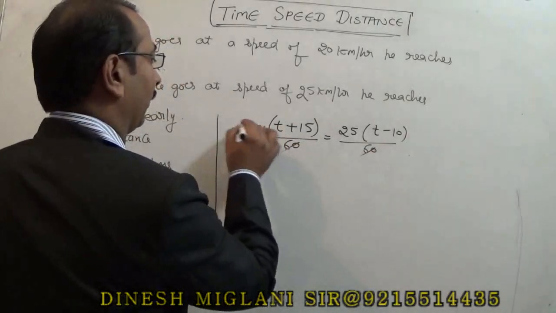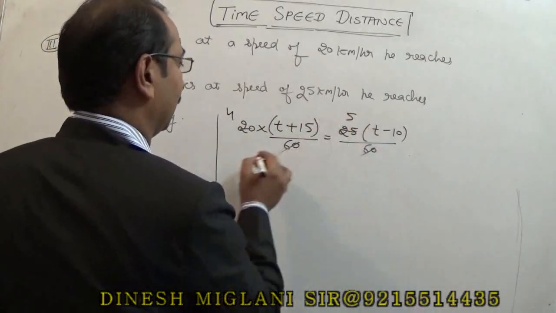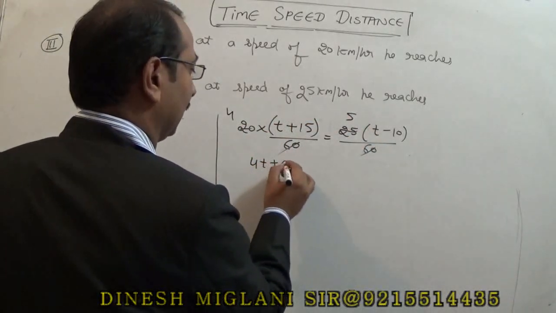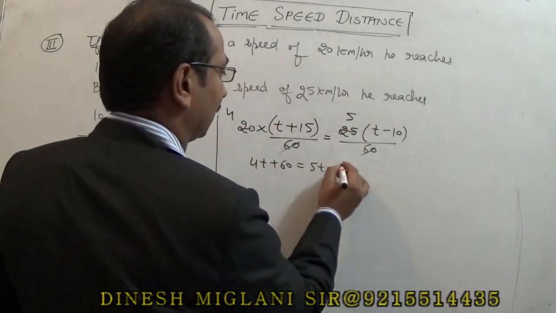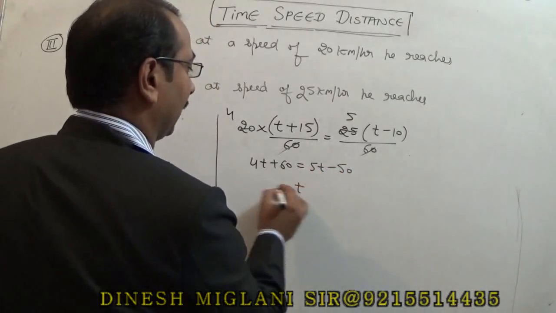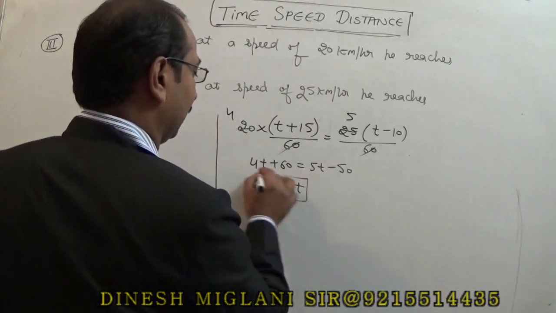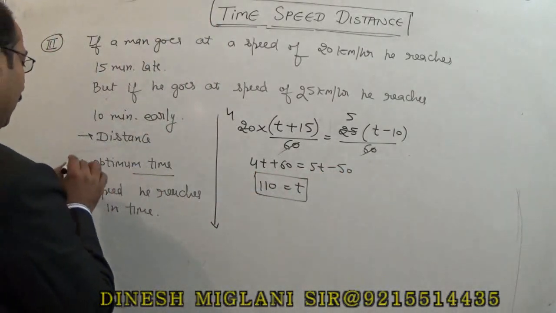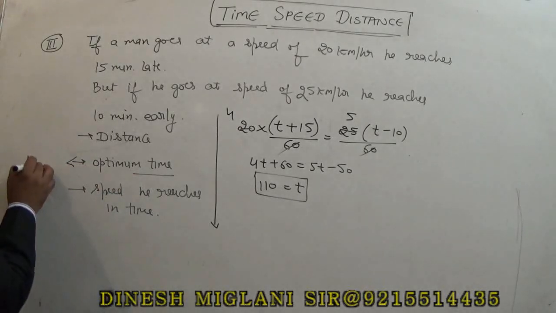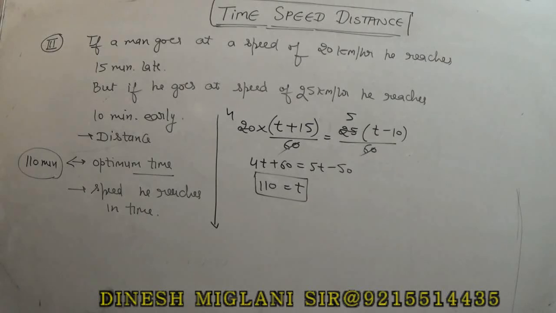This would be cancelled out. 4 into (t plus 15) equal to 5 into (t minus 10), so 4t plus 60 equal to 5t minus 50. t would be equal to 110. So I can say the optimum time taken by the person would be 110 minutes. That is the answer to this question, because t is the optimum time when he will be there in time.